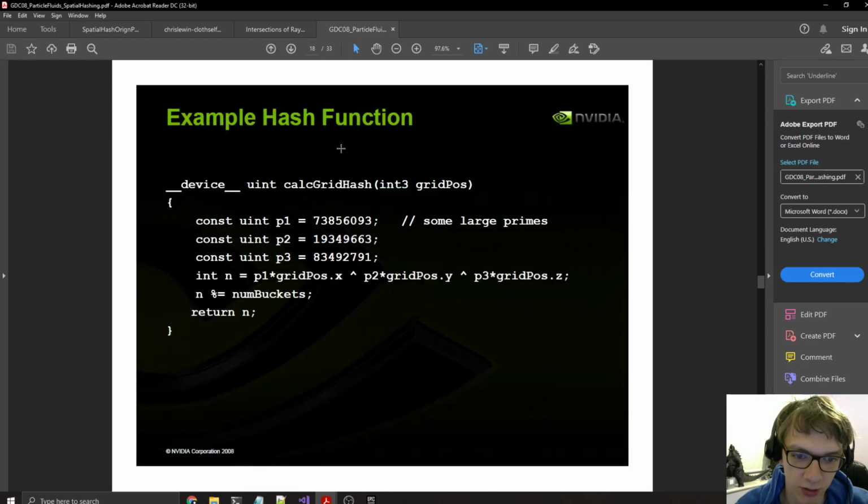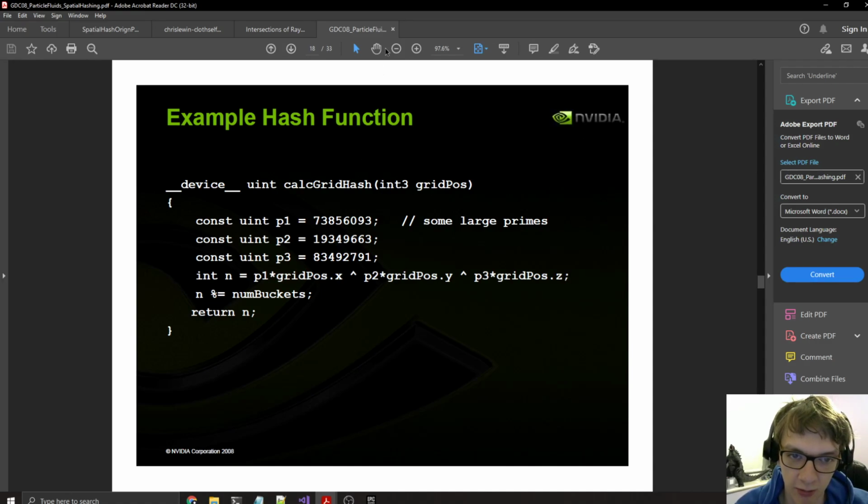It's much cheaper to just use a hash approach where we implicitly have a uniform grid represented through a hash function, and we use the position of the particle as the key, and we return a single cell index for the resultant position.